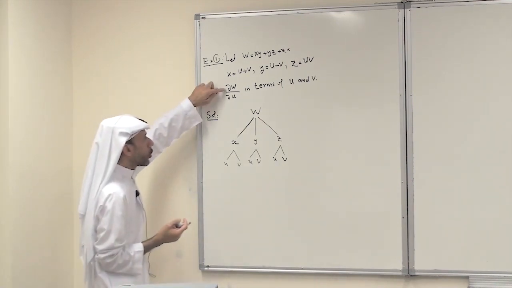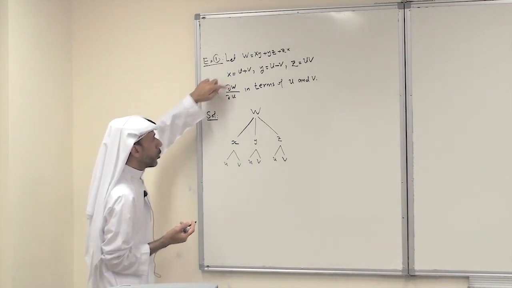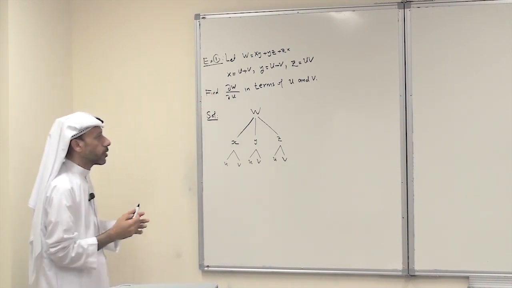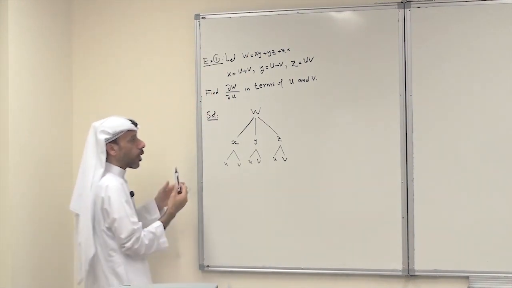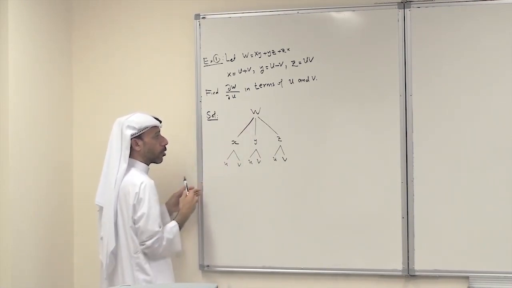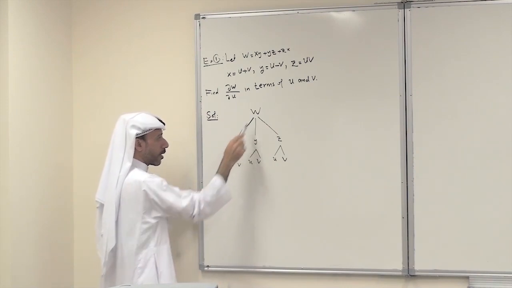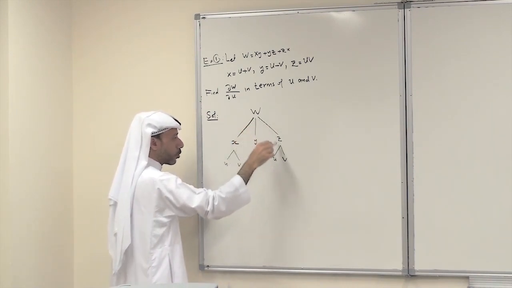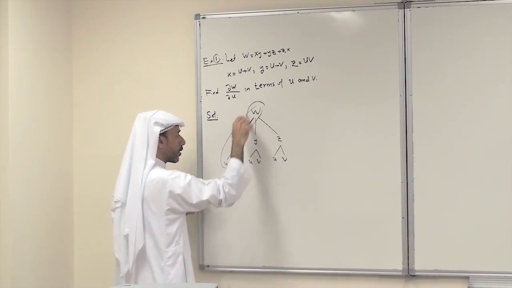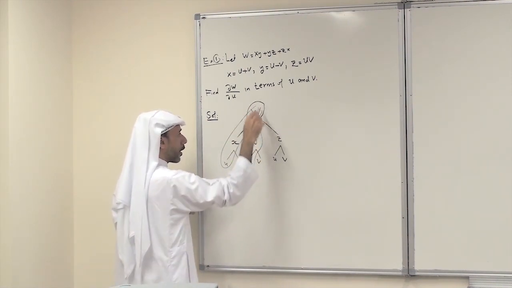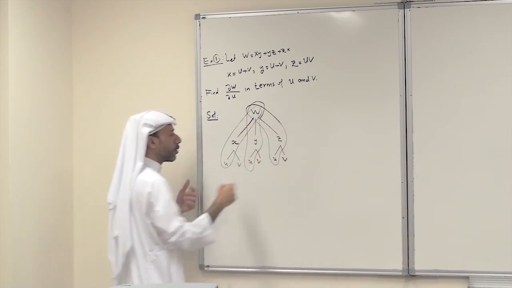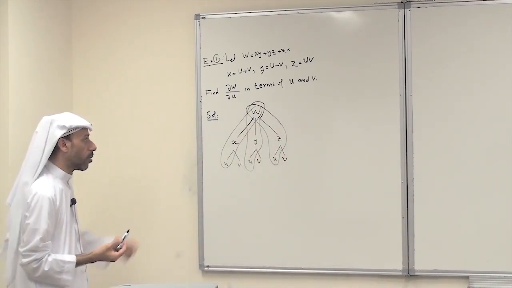We need to find the partial derivative of W with respect to u. So to apply the chain rule, we ask through which paths can we go from W to u? We can go from W to u through x, through y, and through z. So three paths. Through each path, we apply the chain rule of math 101.